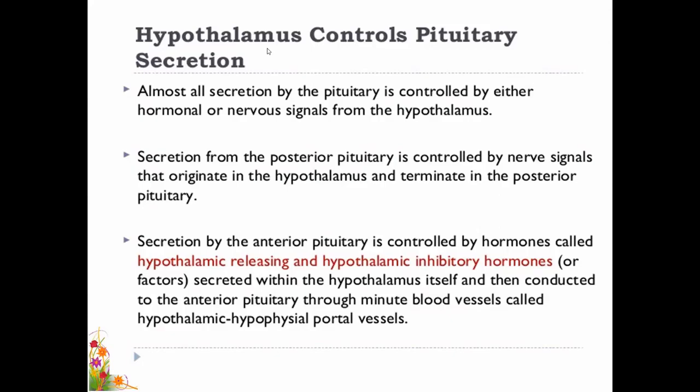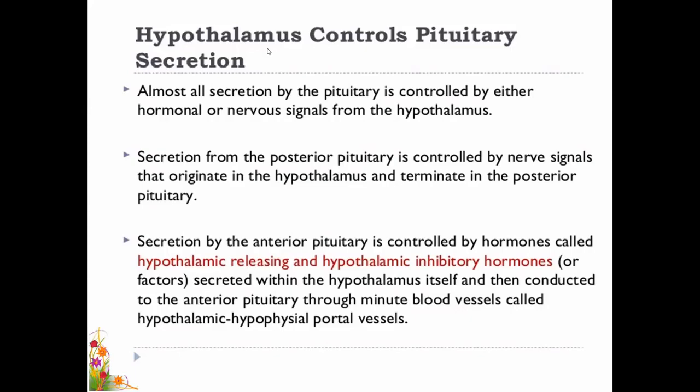But the release of hormones by the anterior pituitary gland is controlled by hormones produced by the hypothalamus. The names of the hormones are hypothalamic releasing and hypothalamic inhibitory hormones, and these hormones are transported through blood vessels called hypothalamic-hypophyseal portal vessels.